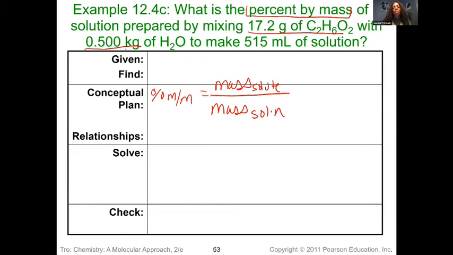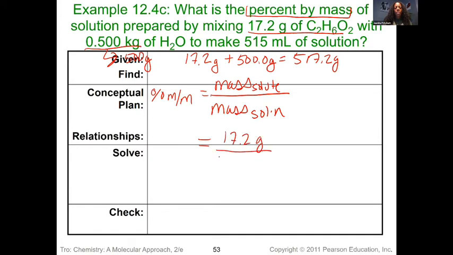So to get to the mass of solution, we would need to add those two. So we would take 17.2 grams plus, and you've got to make sure you convert that to grams first. So divide by 1,000, multiply by 1,000 to get 500 grams. So that would give us 517 grams total. So our mass percent would end up being 17.2 grams divided by 517.2 grams times 100.